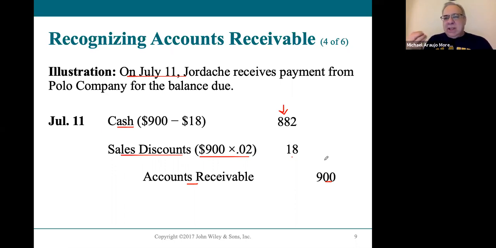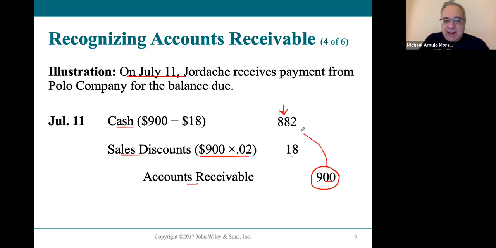And this is an insight for you in terms of what happens to receivables. Just because a company has $900 of receivables on the books, the question is, is it really worth $900? Well, no. A couple of things can happen.